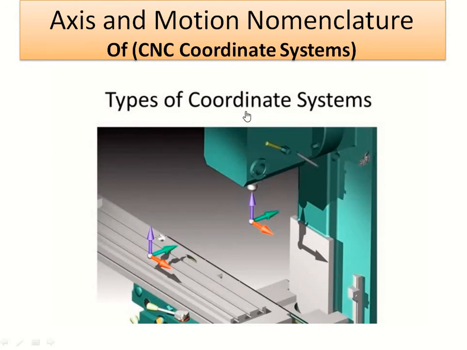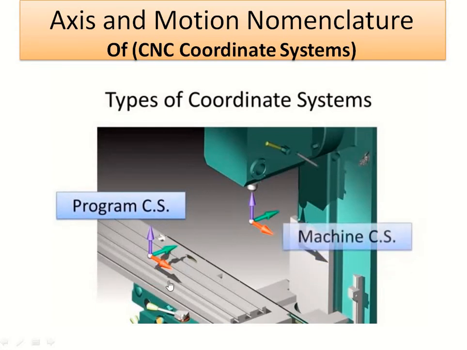Then there are two types of coordinate systems. The first is the program coordinate system, related to the table, and the machine coordinate system. The machine coordinate system is related to the spindle, and the program coordinate system is related to the component that is placed on the table.